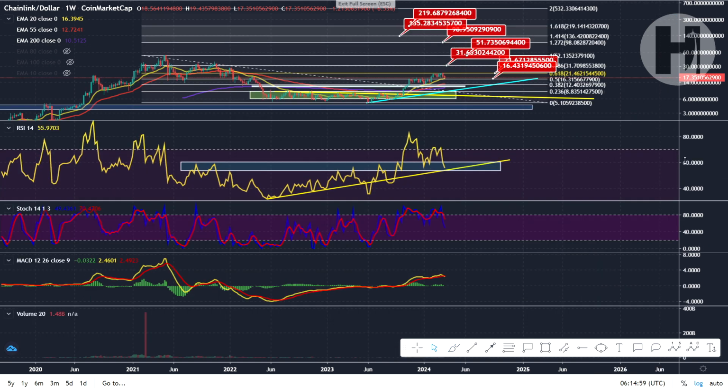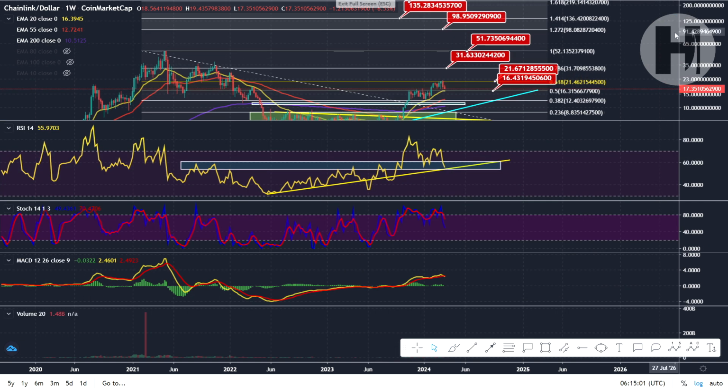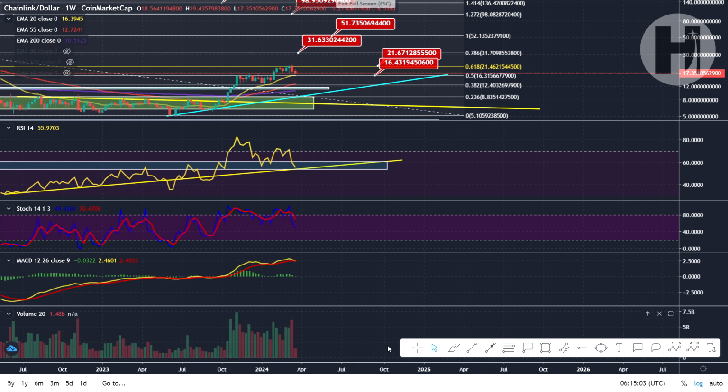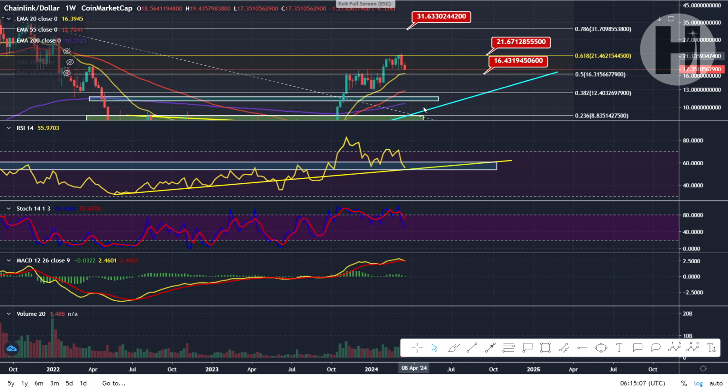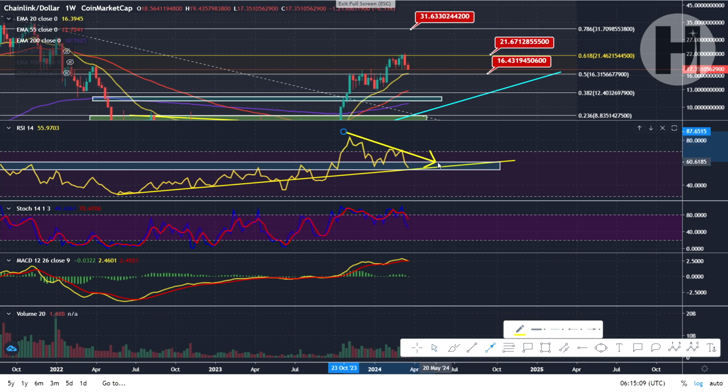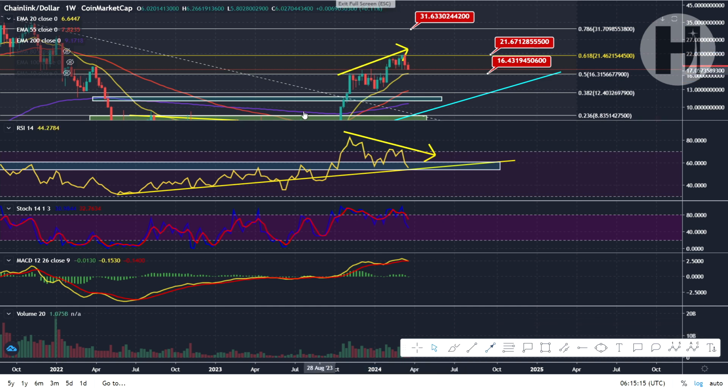Taking a look at the weekly RSI, let's see what's going on here. We have a pretty big weekly bearish divergence from what I'm seeing. Immediately you have this lower high on the RSI, and you have this higher high on the price action. So right now we're looking for a pullback, and this is a pretty significant bearish divergence on the weekly chart.